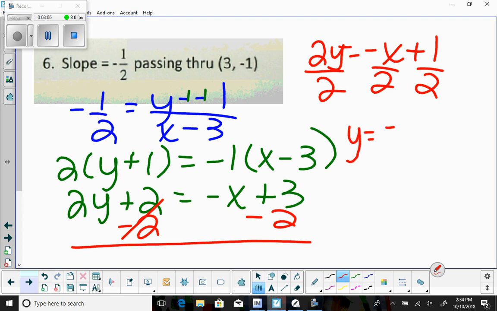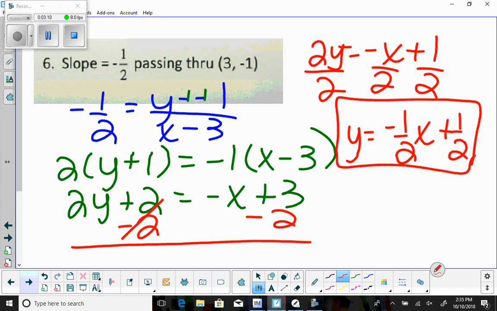Okay, so that gives me -1/2 x and then a +1/2. Since we're not graphing, I'm not worried about that +1/2 as your y-intercept. Usually that won't happen on our graphs. If it is, we'll go to standard form and try to do a different way around that.